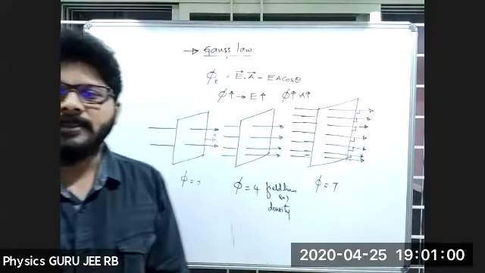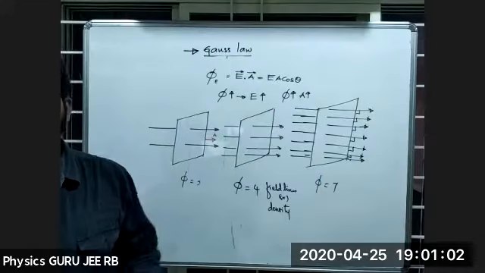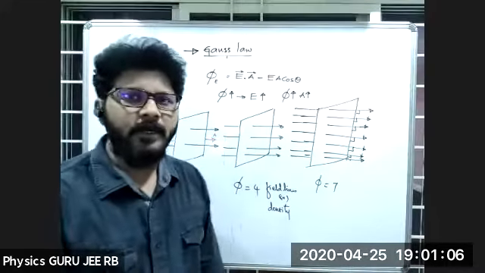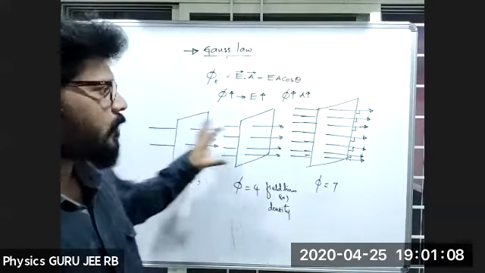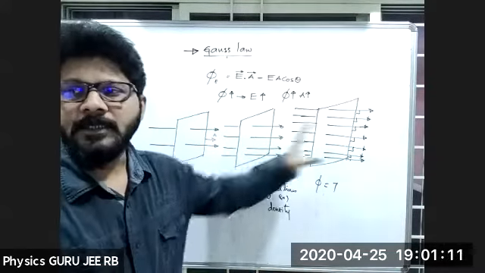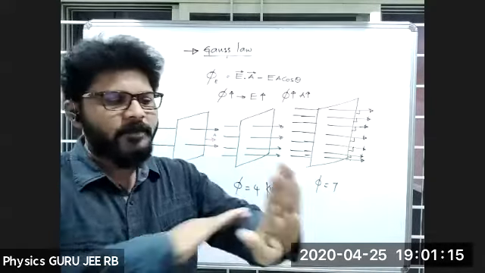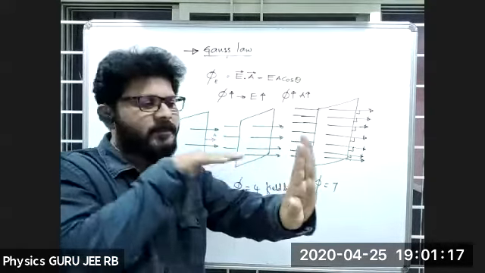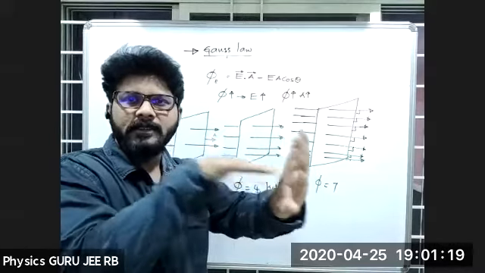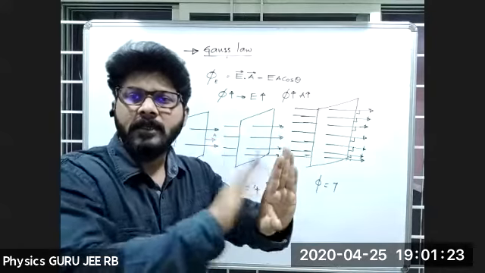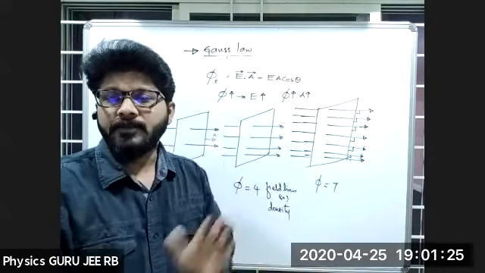Electric flux definition is the number of electric lines passing perpendicular to the plane of the surface. Perpendicular, normal. This is nothing but a plane surface. Number of electric lines are passing like this. Number of electric lines passing through this particular surface is called electric lines of force. Hope you got it.